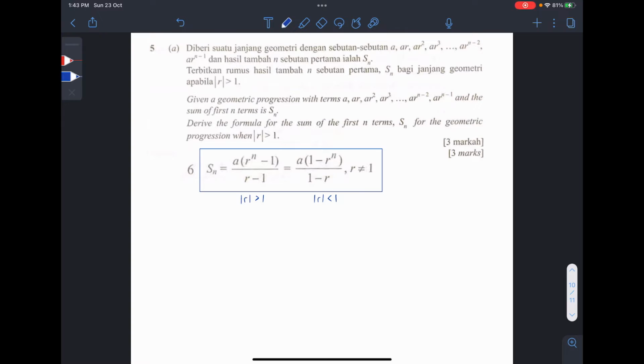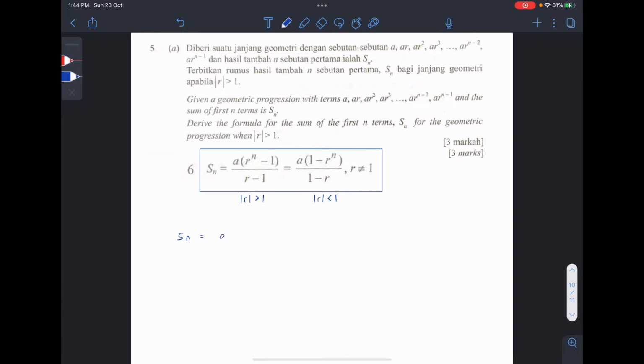So what are we doing here with the formula? The formula on the left is when r is greater than 1. The formula on the right side is when r is less than 1, right? So since they want us to do the sum, we are just going to do just that. Sum means plus.